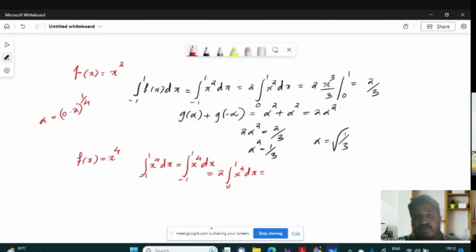Then you will get 2 into x raised to 5 by 5 from 0 to 1. That you will get 2 by 5.